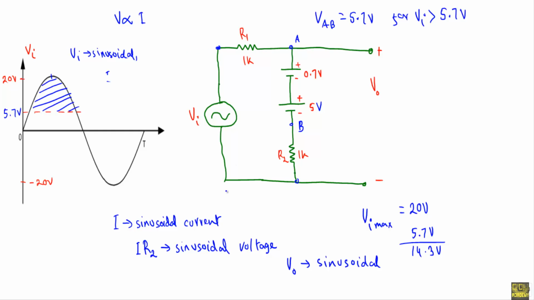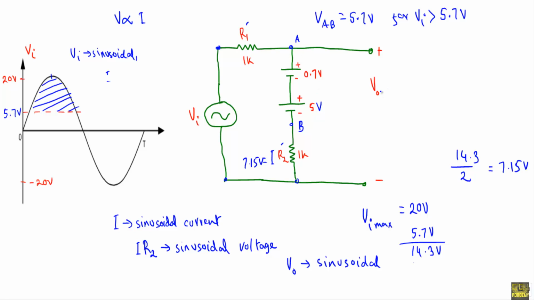That means when Vi is equal to 20 volt, we will get 14.3 volt across the R1 and R2 resistors. And see, both resistors have the same value. Therefore, the voltage across this 1 kilo ohm resistor IR2 will be equal to 14.3 divided by 2, which is 7.15 volt. So IR2 max will be equal to 7.15 volt.